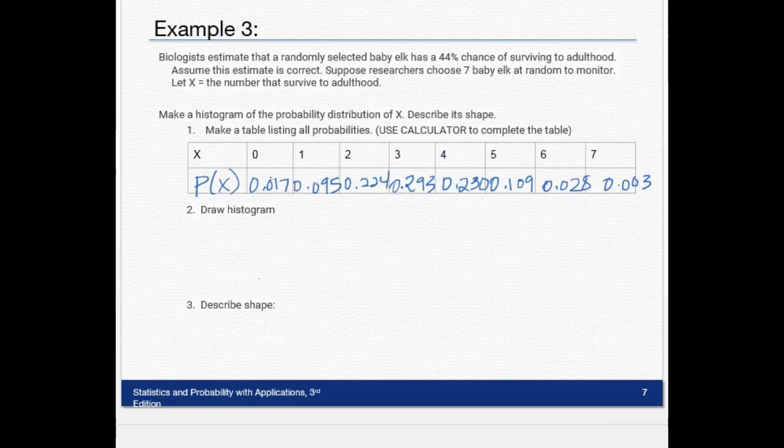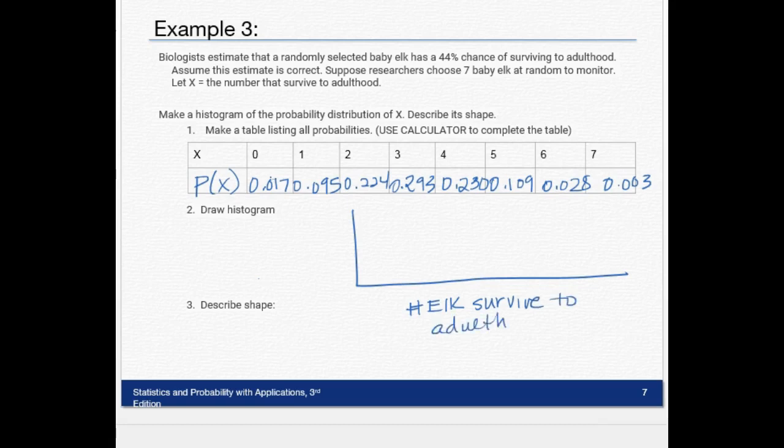Now, using these probabilities, we can then draw our histogram using the same skills that we used before. Okay, so let's draw this out. My x-axis is the number of elk that survive to adulthood, and I have to go from 0 to 7.